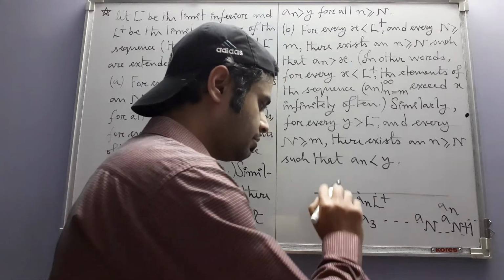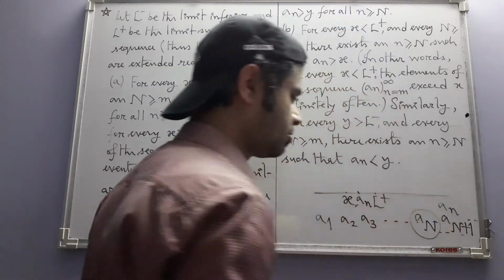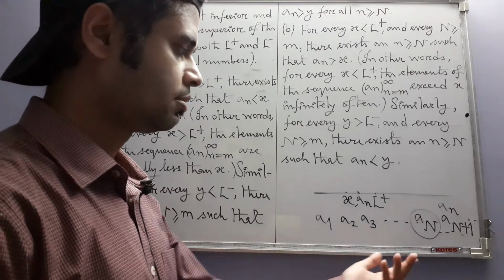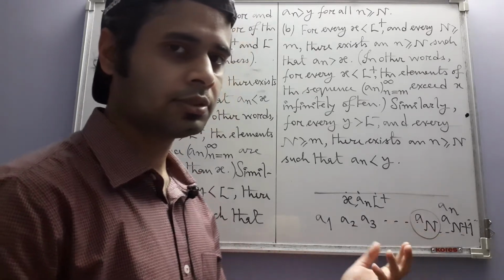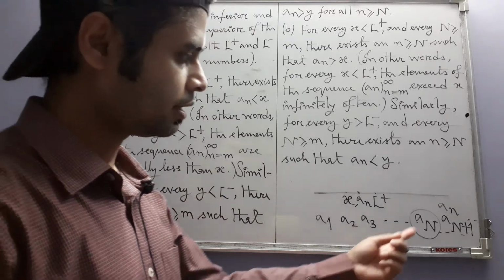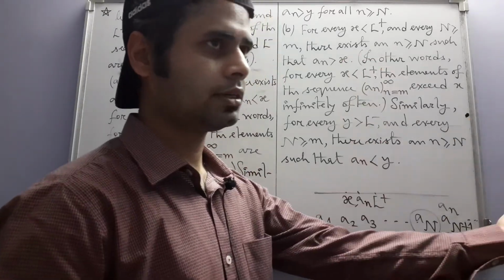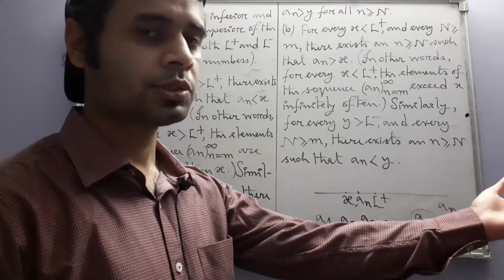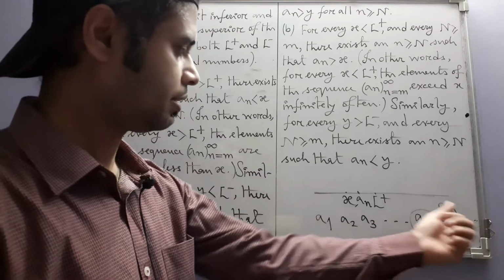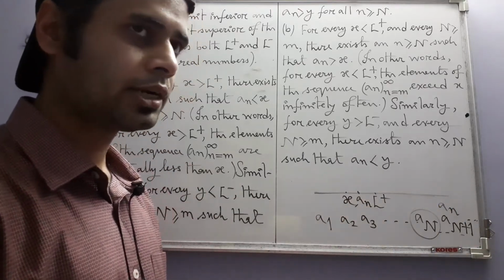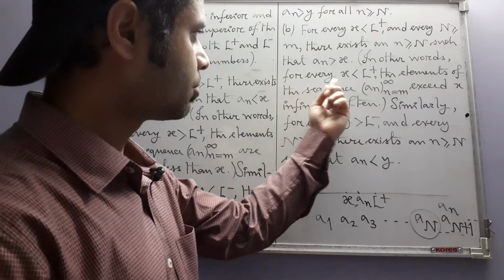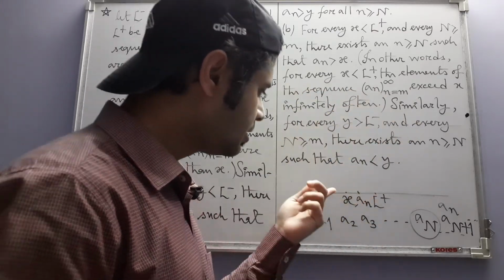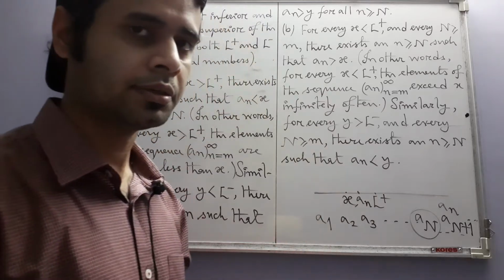And the stage is your choice. You may decide to choose an even larger n. Then also from that stage onwards, you have the terms in the sequence. Among those terms, you will still find some an that exceeds x. So that's why, in other words, for every x less than L plus, the elements exceed x infinitely often.